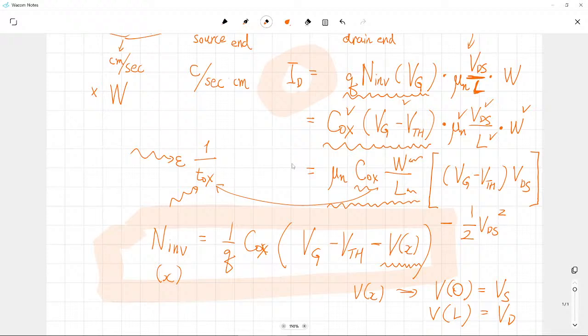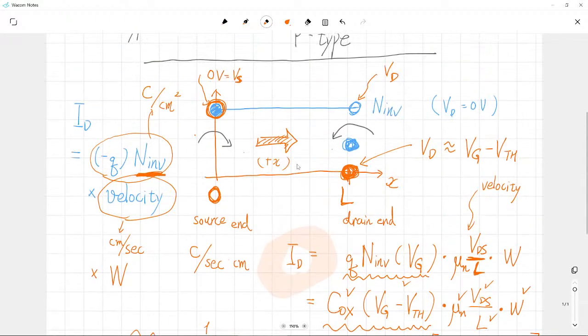However, if we increase VD further and further, eventually our channel will arrive at an unfortunate situation where there is no longer a channel at the drain end. In this case, it is not possible for us to increase our current further.